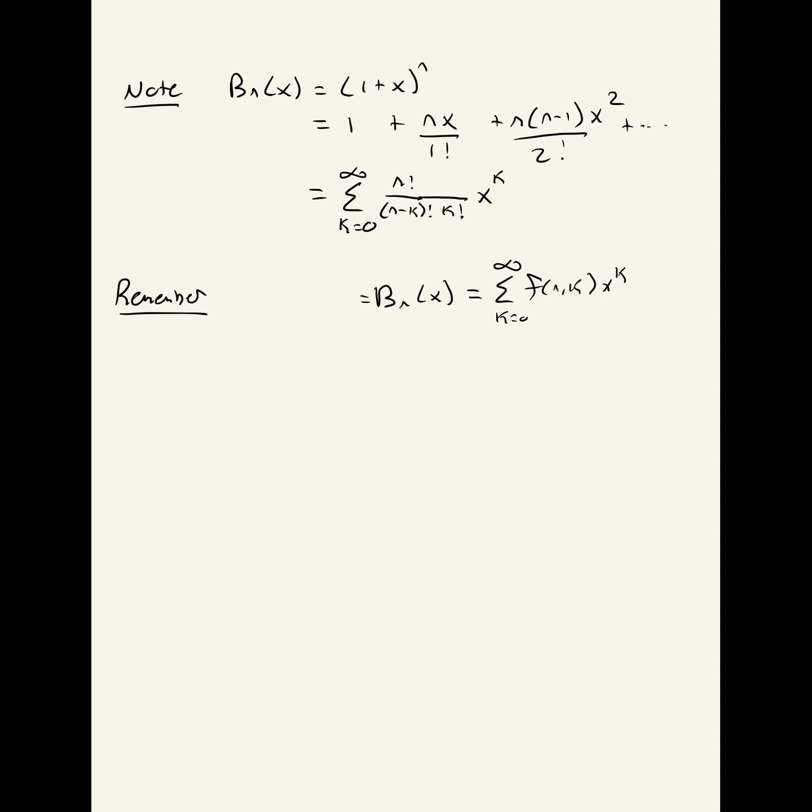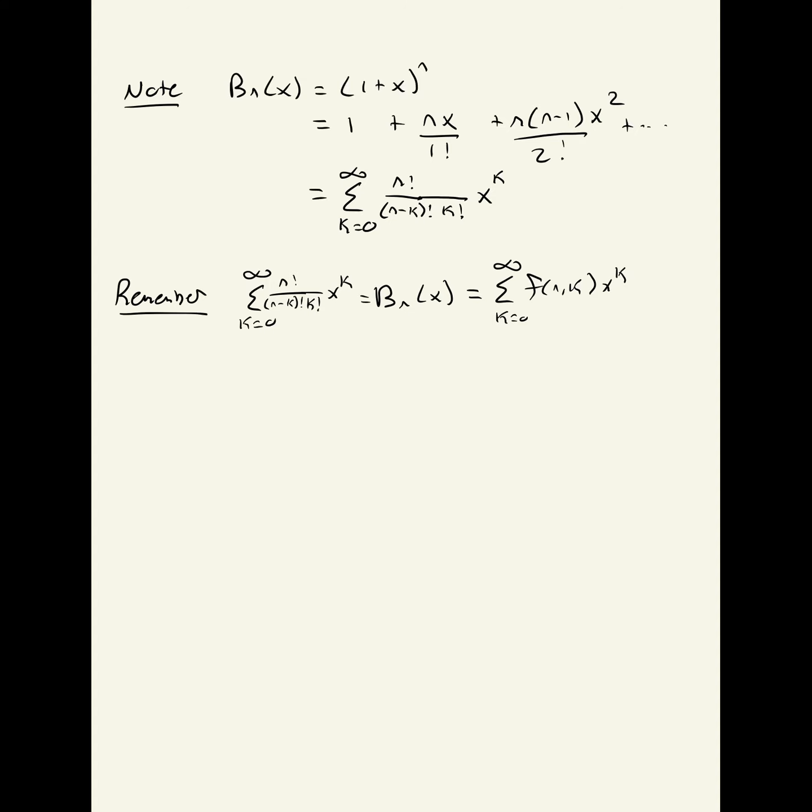But we just figured out that it's equal to the sum k equals 0 to infinity of n factorial over k factorial times n minus k factorial, of x to the k.